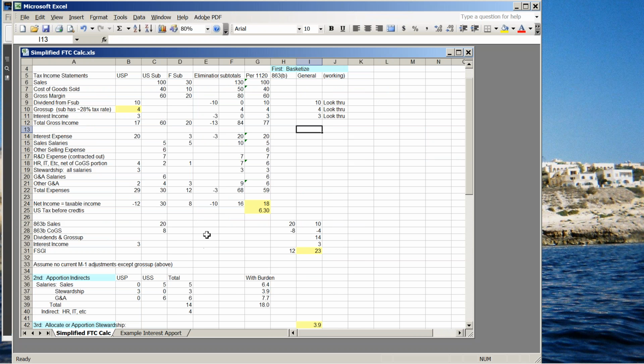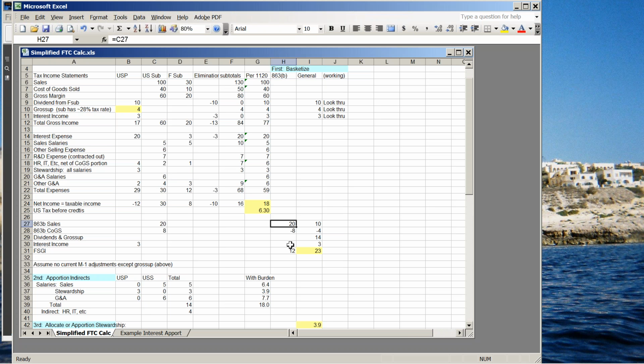But then once we've identified the particular pieces, we've also got some 863B sales. If you'll recall, that's sales of goods made in the U.S. with title passing outside the U.S. This information is something, you'll note I stated this in the facts, it's something you can get from the accounting folks, even at fairly small clients.